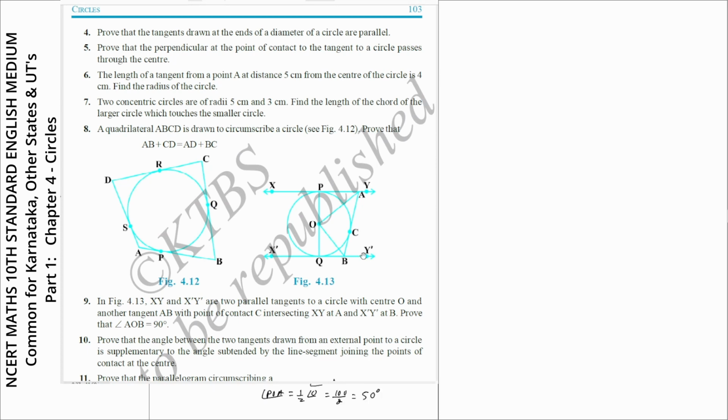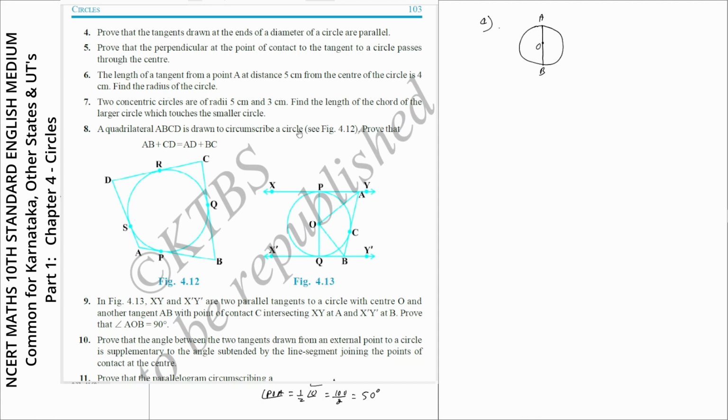Question number 4: prove that the tangents drawn at the ends of a diameter of a circle are parallel. So I'll take a circle and let AB be the diameter. So the diameter passes through the center, right?